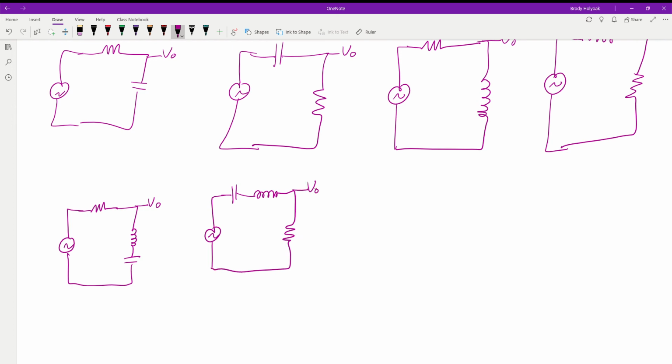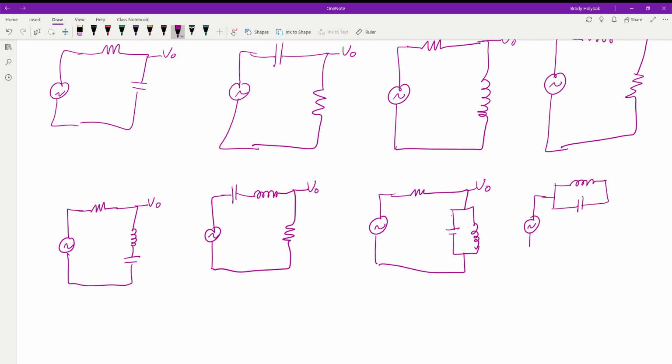And then we have our parallel versions, where we have our resistor and our V out, and then we have the opposite, where we have our parallel branch, capacitor and inductor in parallel with our resistor.